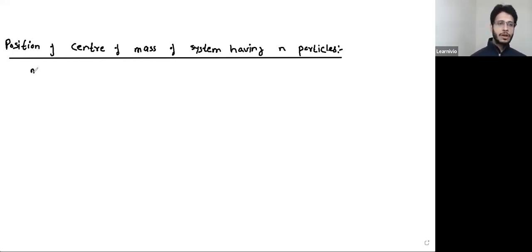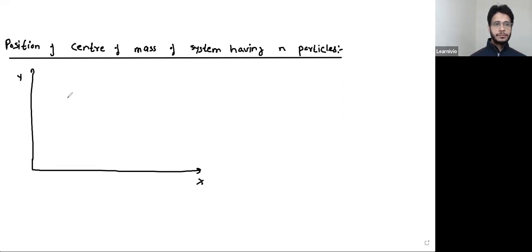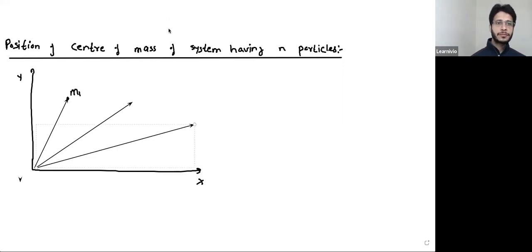For this, you have simple relations. This is the x-axis, this is the y-axis. This is a particle of mass m1. This is mass m1, this is the position of mass m2, this is the position of mass mn. This is m2 and this is mn. And this is the origin of the system. So the position of the first mass m1 with respect to origin is r1.